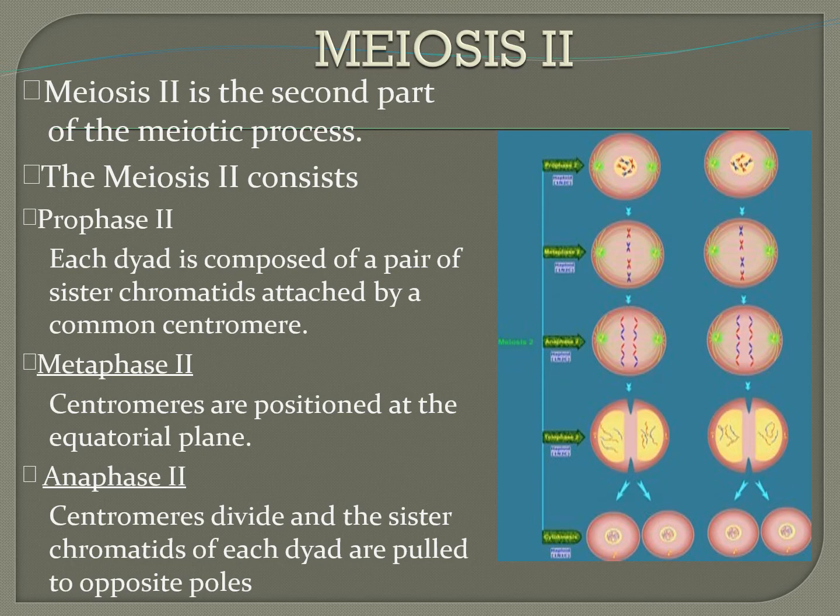The second meiotic division is mitotic in nature, and it divides each haploid cell into two daughter haploid cells. This meiosis second consists of four phases, that is prophase second, metaphase second, anaphase second, and telophase second.